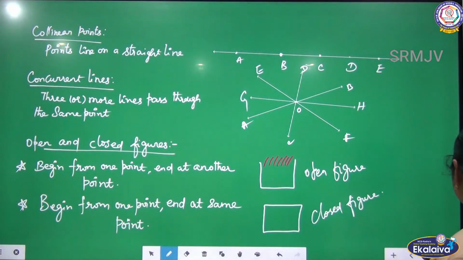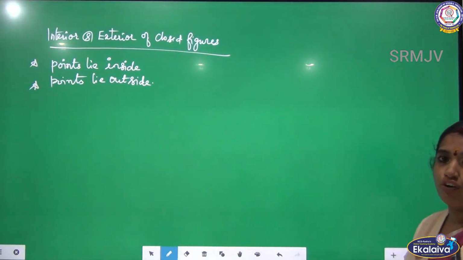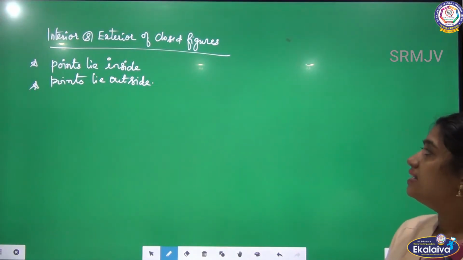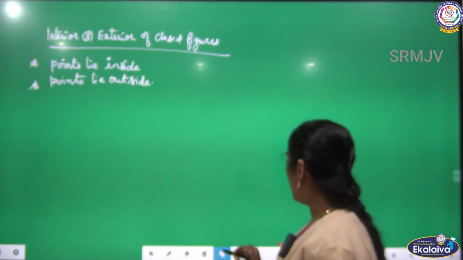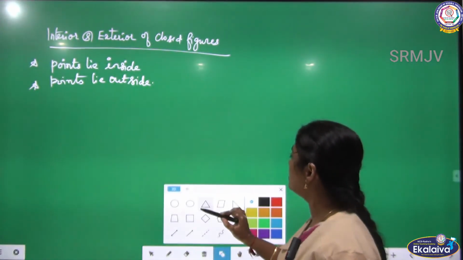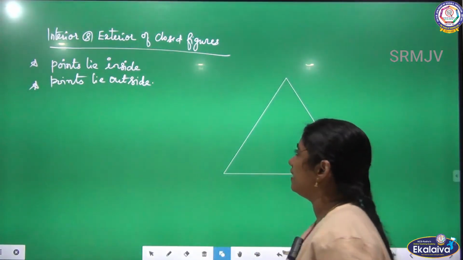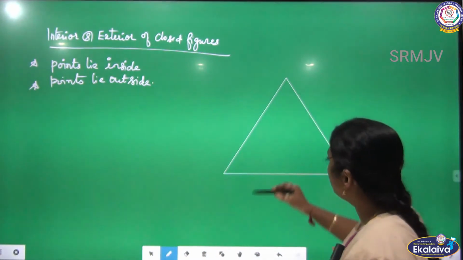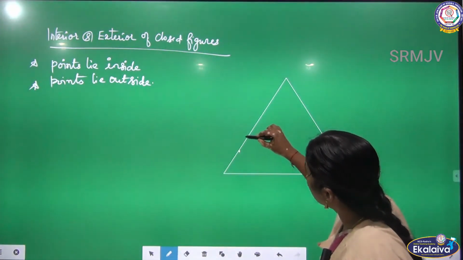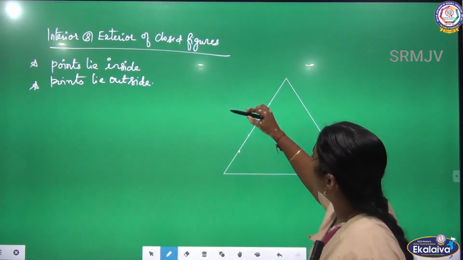Okay. Next I will move on to the next one, interior and exterior of the closed figure. See, points lie inside. For example, listen, I am going to draw a triangle like this. Suppose a dot is lying on the line, it is what? A boundary.